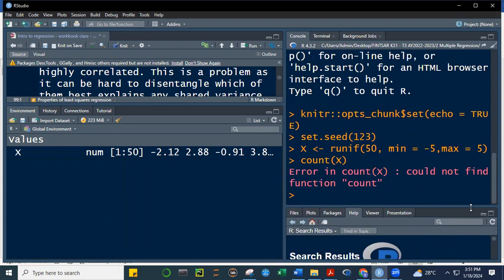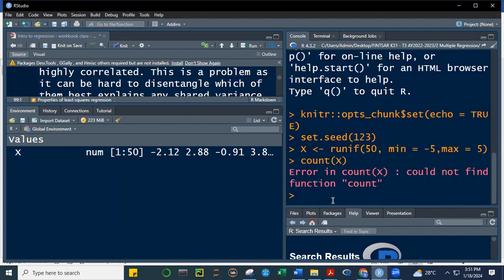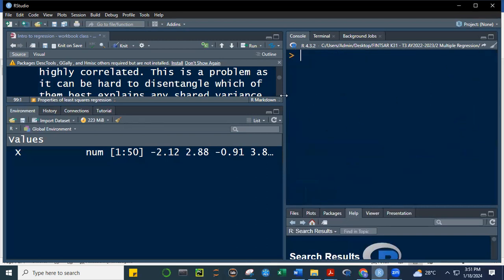Shucks, nakalimutan ko yung pag-count ng vector. Anyway, hindi ko na i-code, class, no? Kasi andito naman siya, no? There are 50 observations, 1 to 50. Close ko lang to sandali, ha?